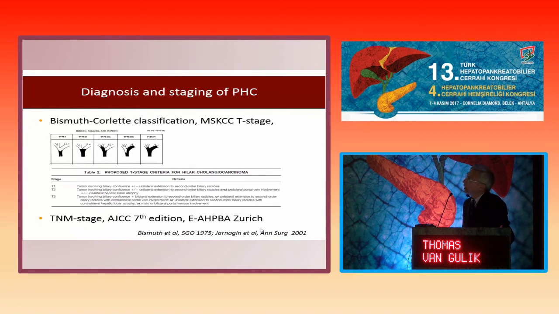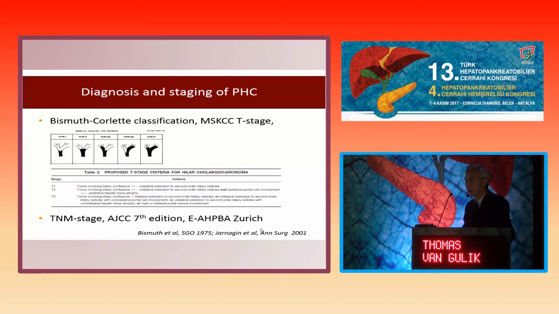Then the classification of the tumor and the staging is a point of discussion. Just want to say a few words about that. We usually look at the proximal extent of the tumor, the Bismuth-Corlette classification, because it defines what kind of resection you should do, but that is only a surgical classification method which helps us to define the type of resection we want to do.